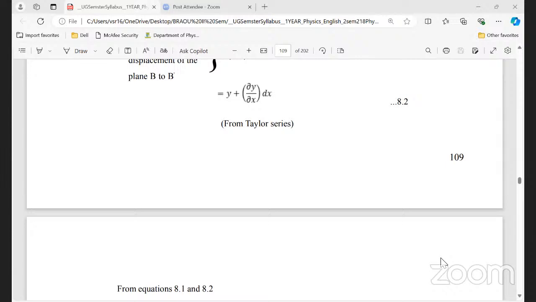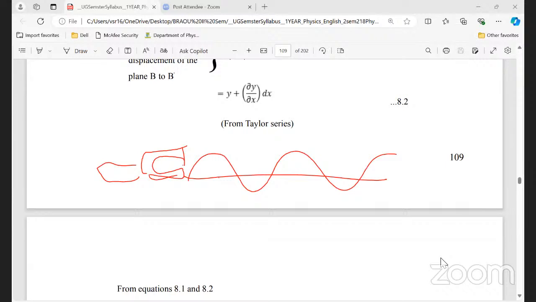Suppose here a tuning fork is there. Here is a string. Here a wheel is there, and here a mass is hanging.